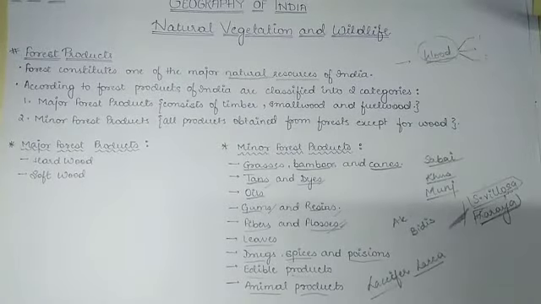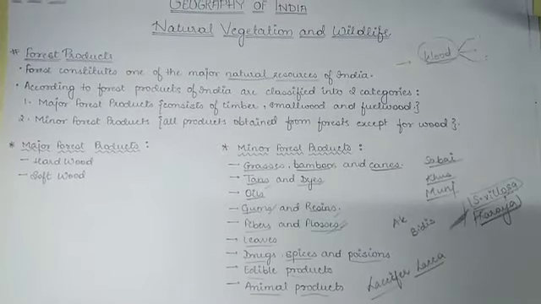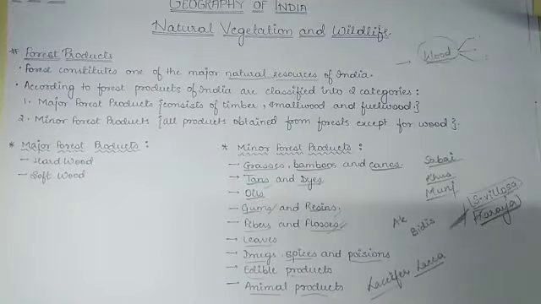Now, the trees on which this insect grows are trees like peepal, palash, then we have ber tree. These are important trees on which these insects grow, and they secrete their secretions, which is lac, and it is important for various purposes.